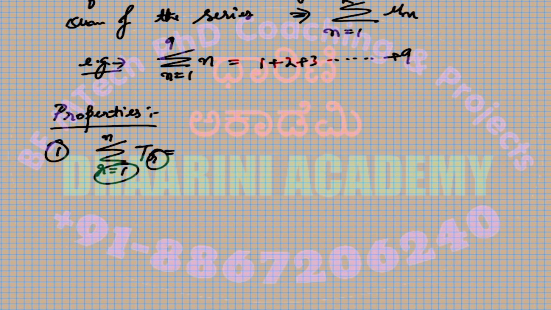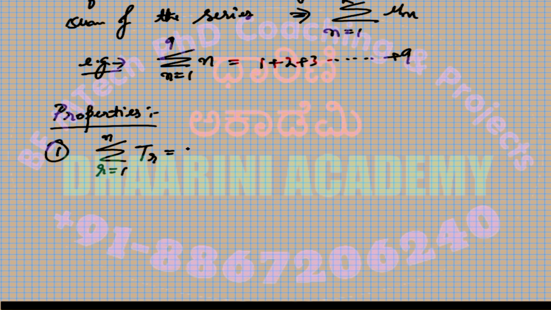I need to substitute the various values to get this. So this is equal to capital T1 plus T2 plus T3 plus T4, T5 plus the last value, which is equal to Tn, right? Where Tn is the general term of the series. We can simply write like this. This is the property number 1.